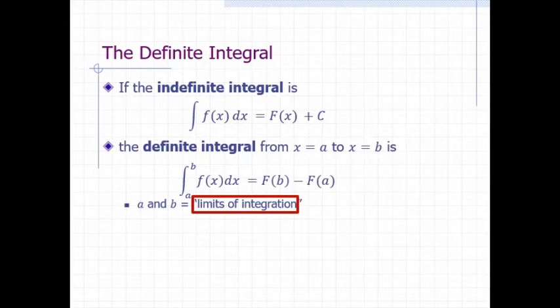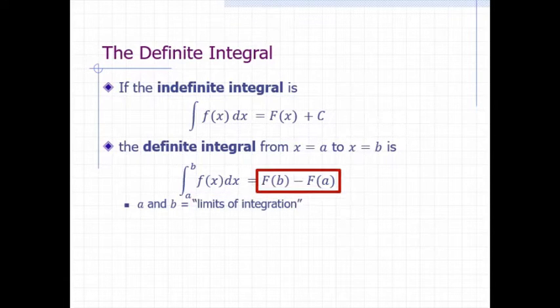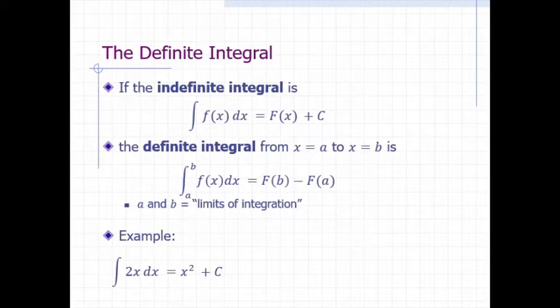To evaluate the definite integral, we plug in the values of a and b in the expression for big F. Then subtract the result of plugging in the lower limit from the result of plugging in the upper limit. Let's illustrate with a simple example. We've seen that the indefinite integral of 2x with respect to x is x squared plus c.